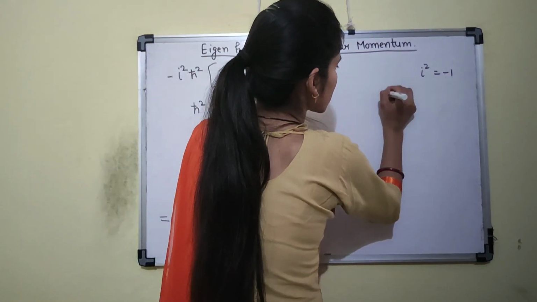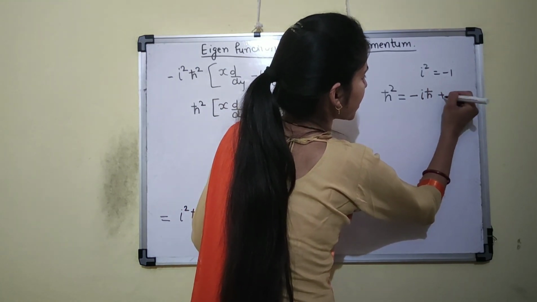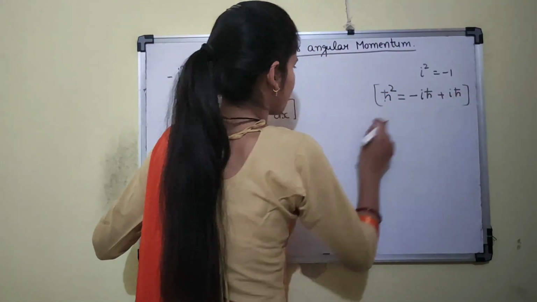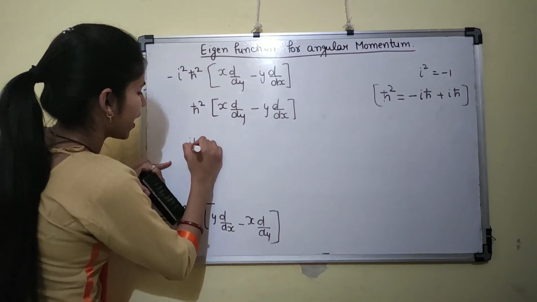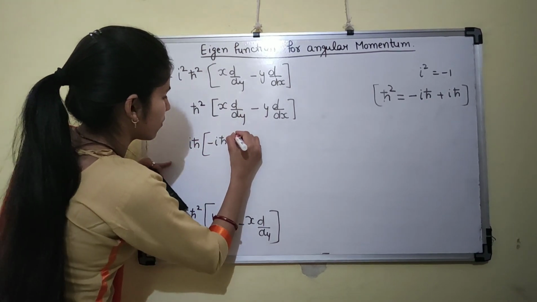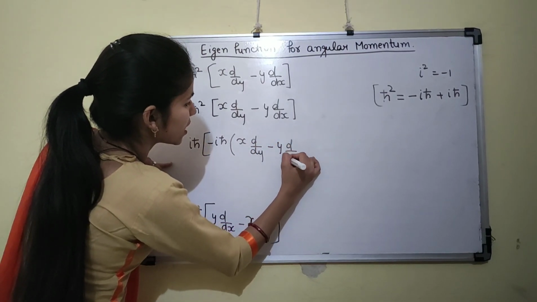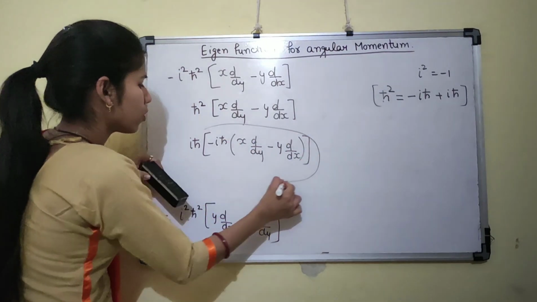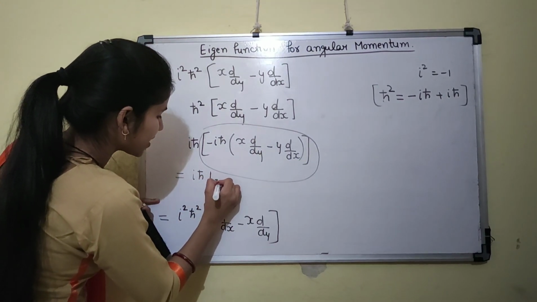Now h cut square equals minus iota h cut times plus iota h cut. Now put here, so taking iota h cut and minus iota h cut into x d by dy minus y d by dx, and this is the value for Lz. So it equals iota h cut Lz.